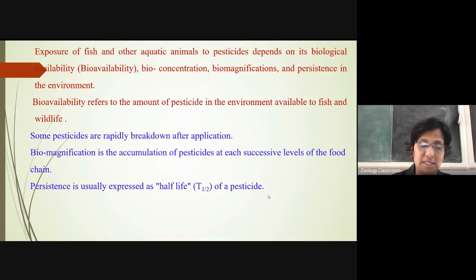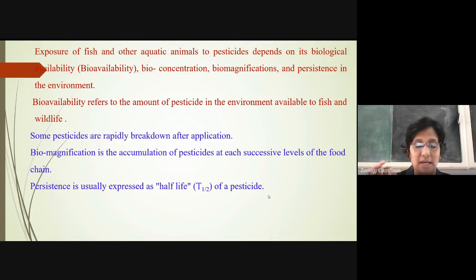Some of the pesticides are quickly diluted or rapidly volatilized into the air. Okay, because of their volatility they enter into the air, and they are less available to aquatic life.